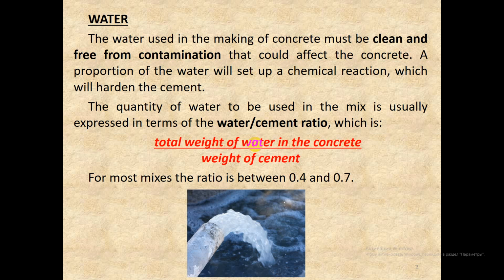The quantity of water to be used in the mix is usually expressed in terms of the water-cement ratio, which is the total weight of water in the concrete divided by the weight of cement.